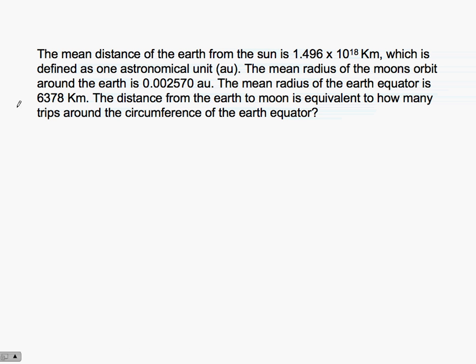The first thing we need to do is define our astronomical unit, which we're told that 1 AU is equal to 1.496 times 10 to the 18th kilometers.